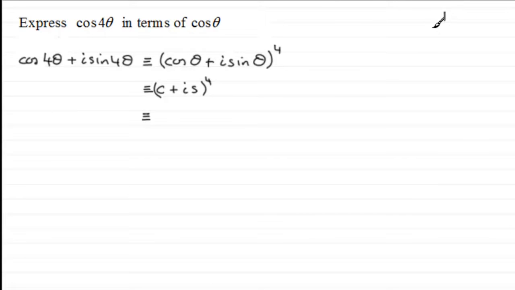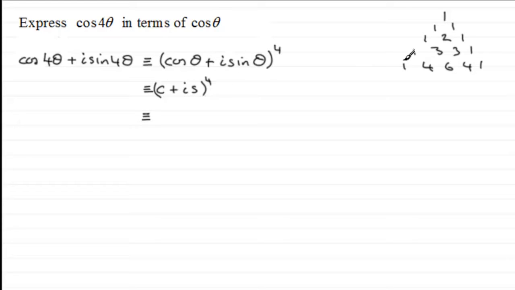It starts with a 1, and then it goes 1, 1, and 1, 2, 1, 1, 3, 3, 1, and finally the one that we're interested in, 1, 4, 6, 4, 1. I'm assuming that you're familiar with Pascal's triangle. These are the coefficients of our terms in cosine and sine.